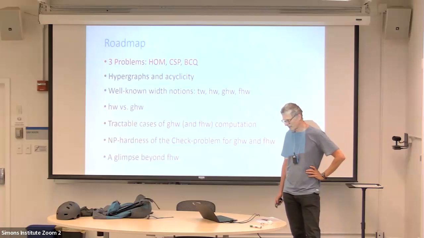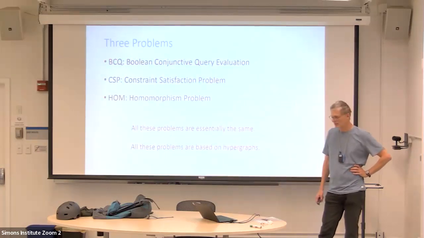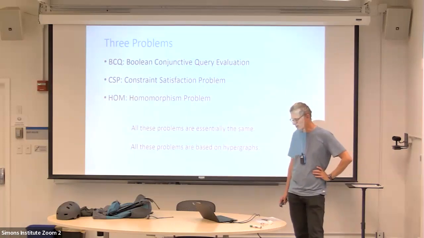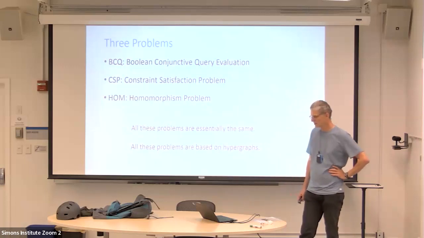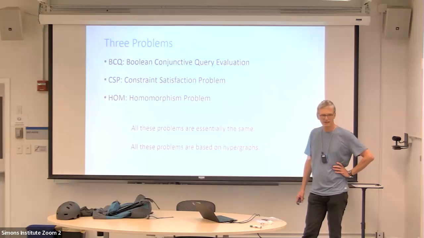I would like to start with a bit of motivation, looking at three closely related problems: the homomorphism problem, the constraint satisfaction problem, or CSP for short, and Boolean conjunctive query evaluation. It turns out that on the logical level, they are all essentially the same.